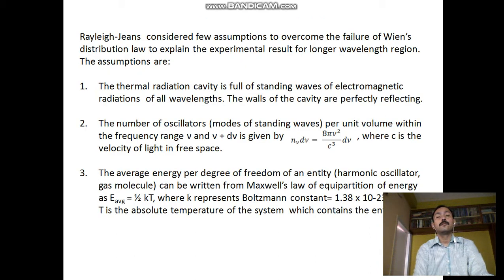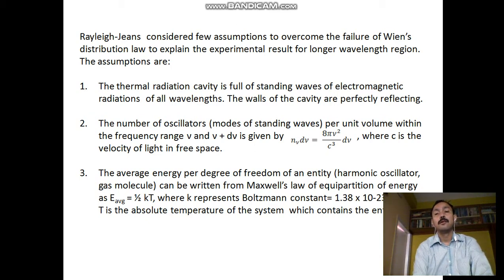Rayleigh and Jeans considered a few assumptions to overcome the failure of Wien's distribution law to explain the experimental result for the longer wavelength region. The assumptions are: number 1, the thermal radiation cavity is full of standing waves of electromagnetic radiations of all wavelengths.